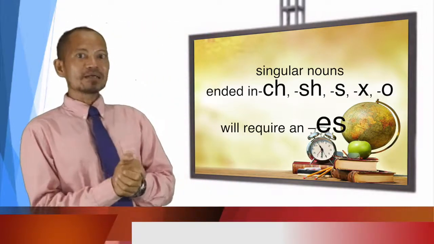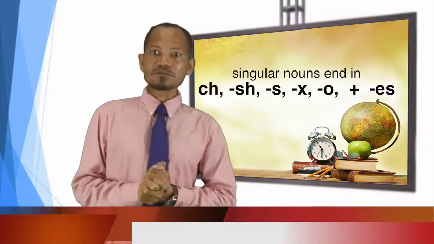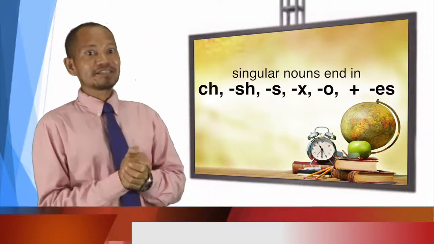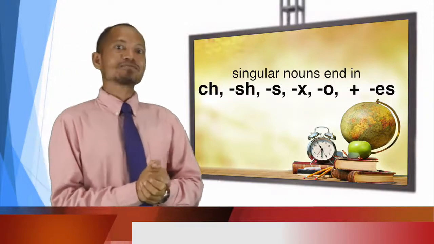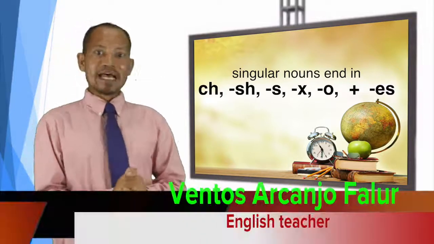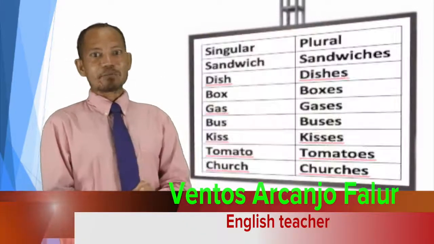They will require an s or es, or it will look this way: singular noun ending in ch, sh, s, x, or o plus es. Please look at the examples in the table.